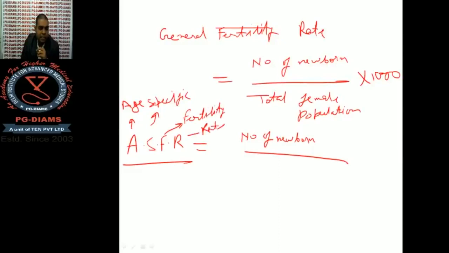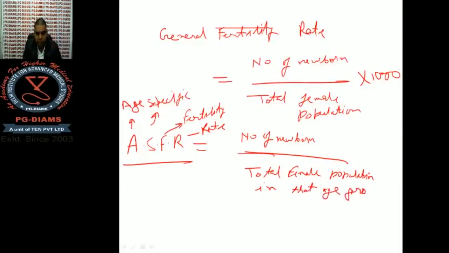So what is age specific fertility rate? Number of newborn in a definite age group divided by total female population in that age group, and this is multiplied by 1000.